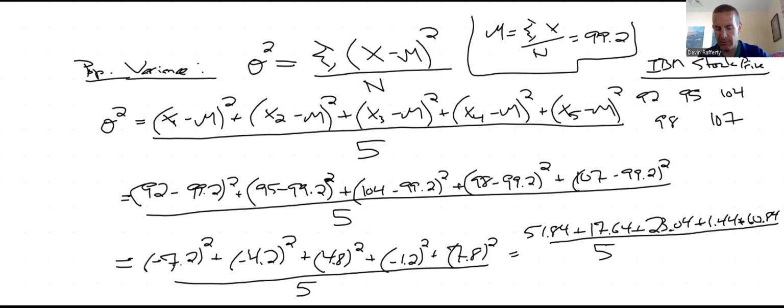The numerator: 51.84 plus 17.64 plus 23.04 plus 1.44 plus 60.84 gives us 154.8. That's what I'm going to put on a new whiteboard.